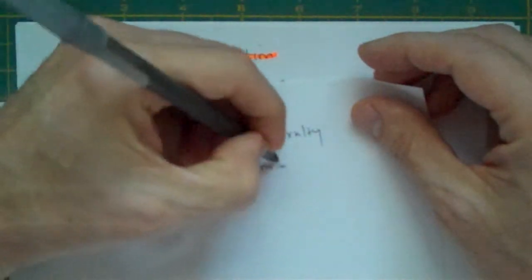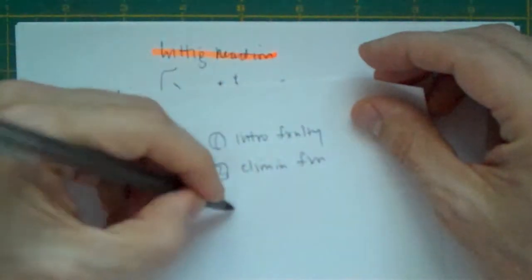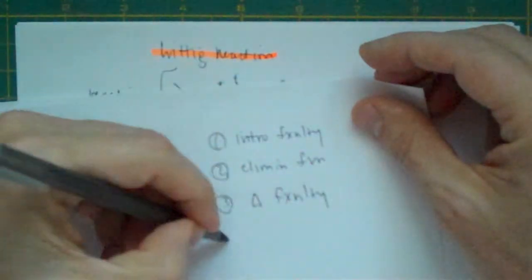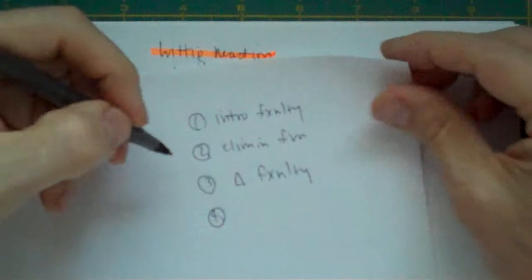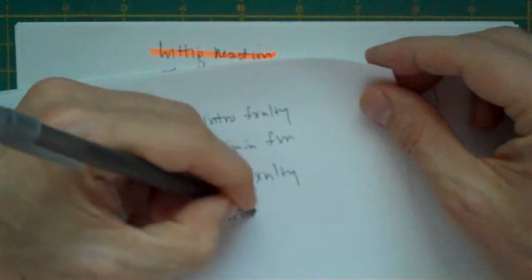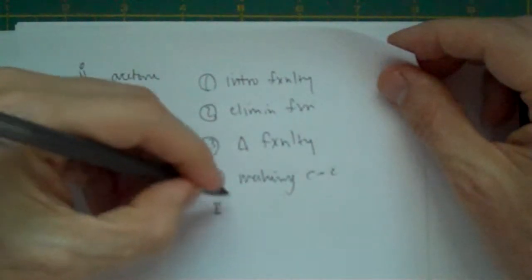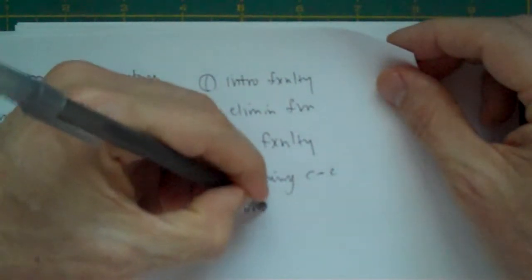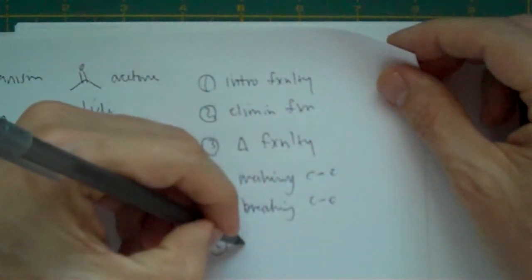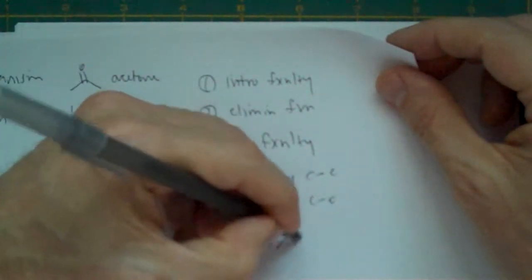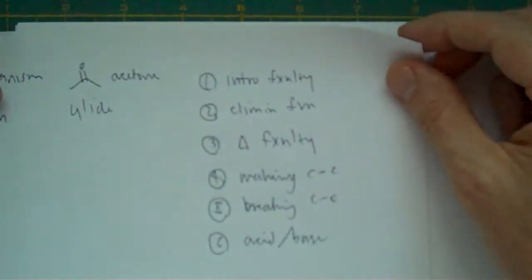Number 2 is eliminating functionality. 3, changing functionality. 4, making carbon-carbon bonds. 5, breaking carbon-carbon bonds. And 6, acid-base. Right? That's the 6 I suggest.